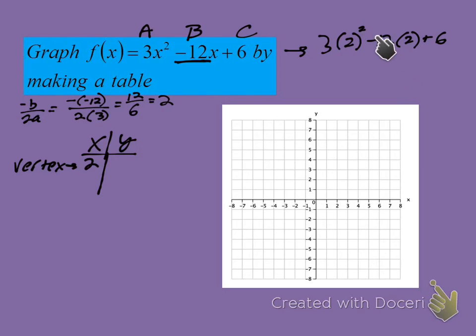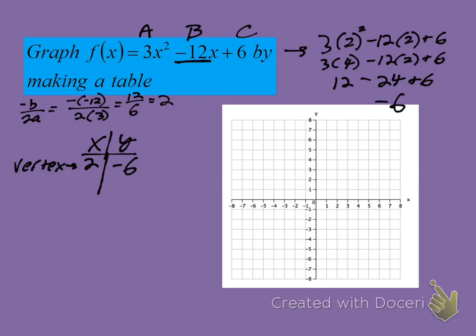Exponents go first, so we square 2, which gives us 4. 3 times 4 is 12. Minus 12 times 2, which is 24. Plus 6. That gives us negative 6. So that goes there: 2, negative 6.